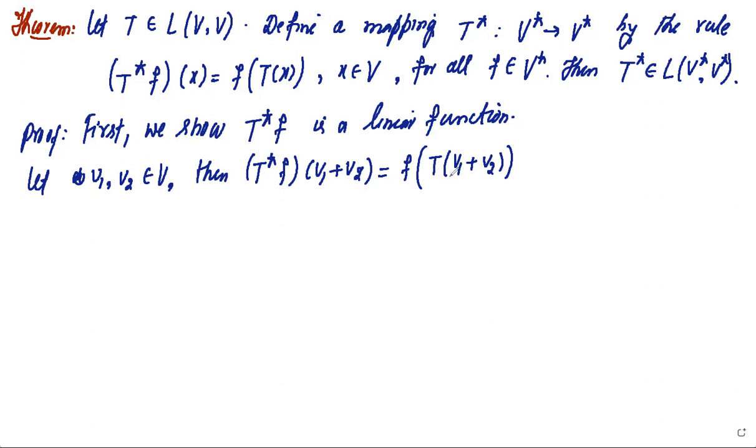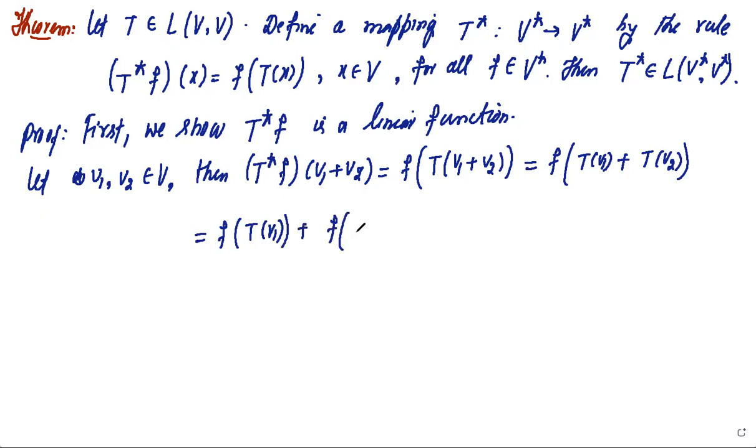But now here we can use the fact that T is a linear map, so this can be written as f of T of v1 plus T of v2. We have used the definition of T being linear. But now we can use the definition of f being linear. So we can write this as f of T of v1 plus f of T of v2.